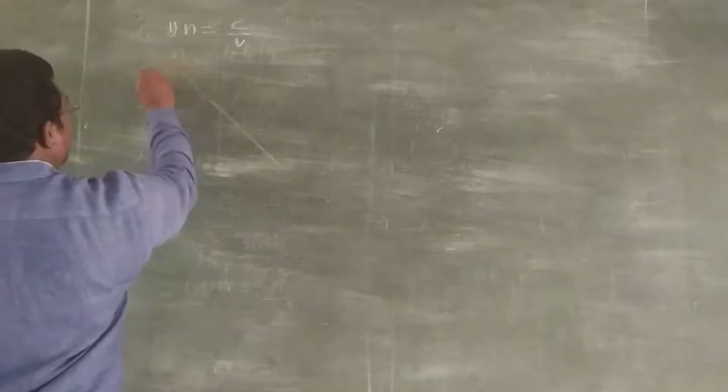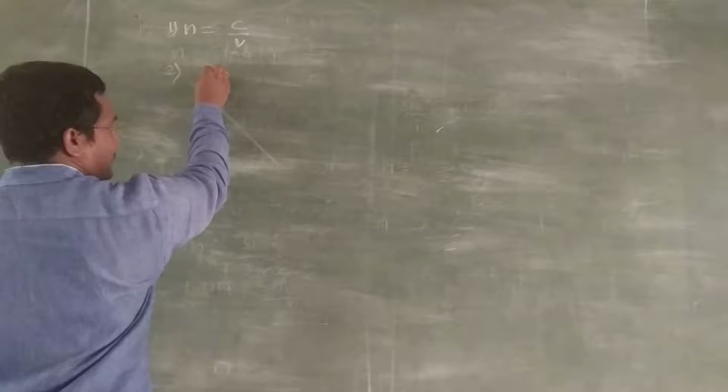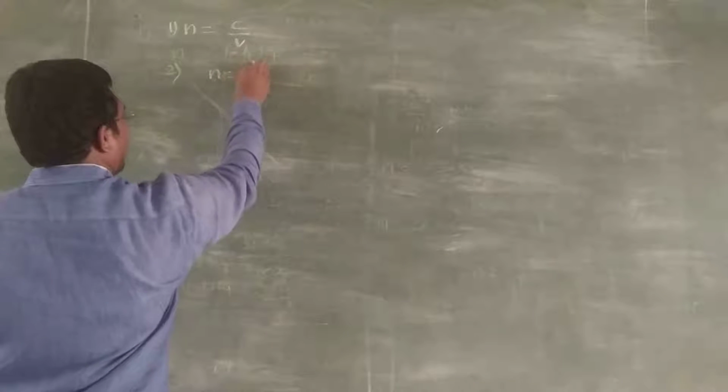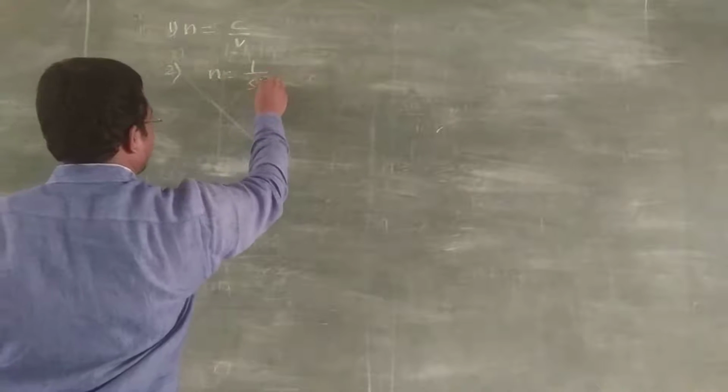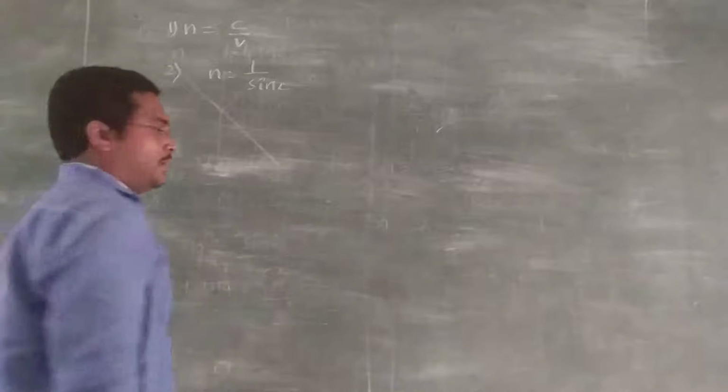And the second one, based on the formula, the relation between refractive index and critical angle: n is equal to 1 by sin c. n is equal to 1 by sin c, very important.